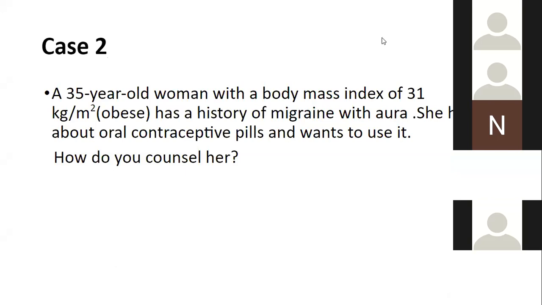So she has shown a preference to the oral contraceptive pill, right? But then if you look at it, her age is 35, and in terms of risk factors, she is obese. She has a history of migraine with aura, right?